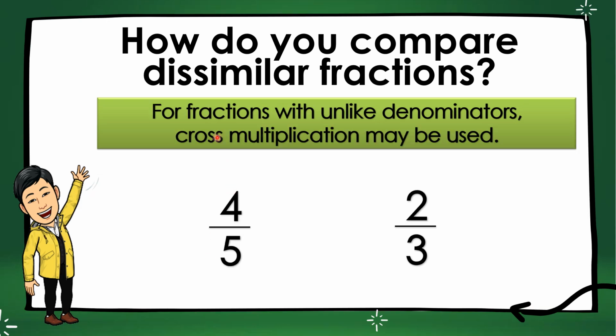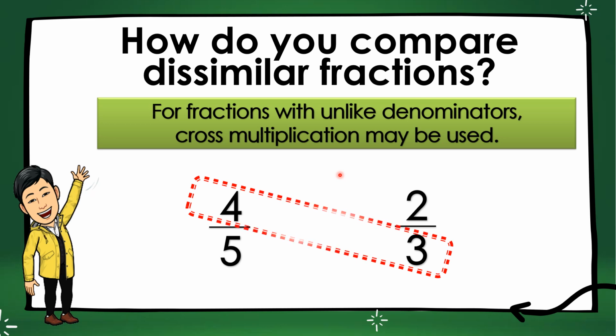This one, for fractions with unlike denominators, cross multiplication may be used. Wow! So let's have this example. Let's cross multiply. 3 times 4 is equal to 12. And then, what's next?